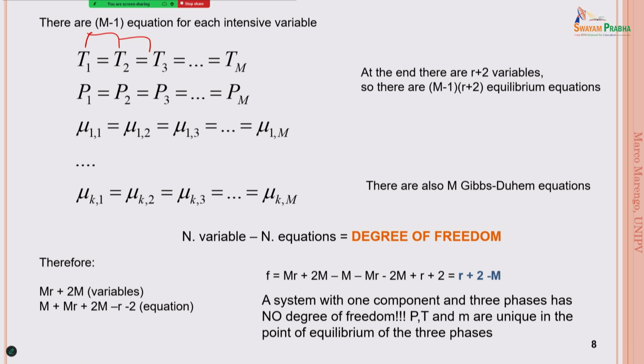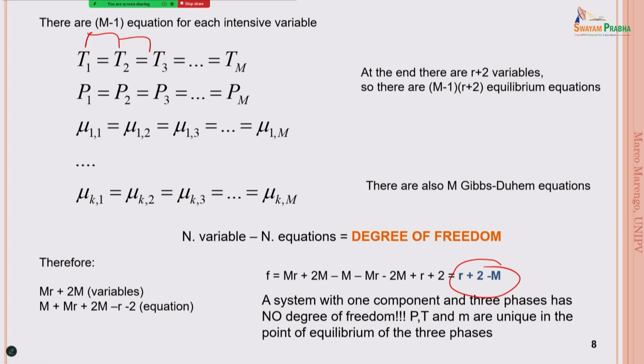So at the end we are landing with this expression. We have r plus 2 minus m degrees of freedom. So if the system has one component, so r is equal to 1, and 3 phases, r plus 2 minus m is 1 plus 2 minus 3, there is no degree of freedom.